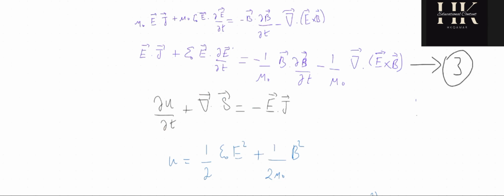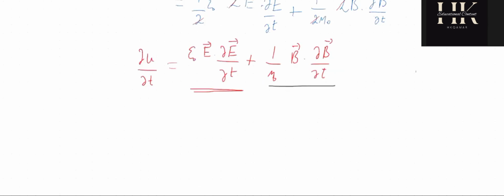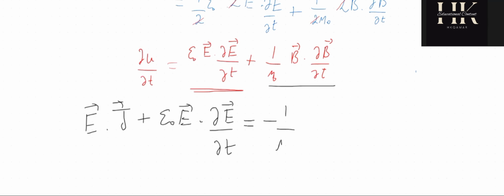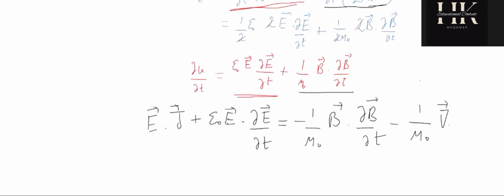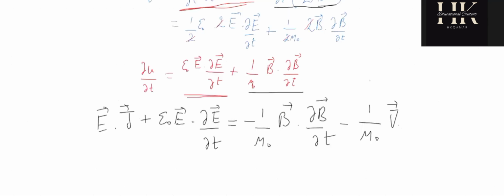We have E·J plus ε₀ E·∂E/∂t is equal to minus (1/μ₀) B·∂B/∂t minus (1/μ₀) ∇·(E×B).